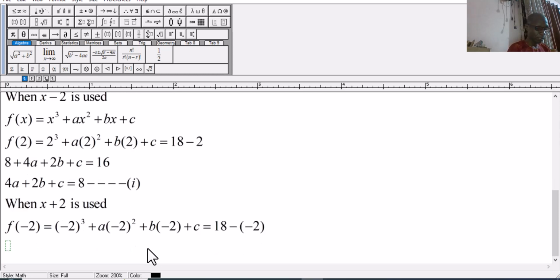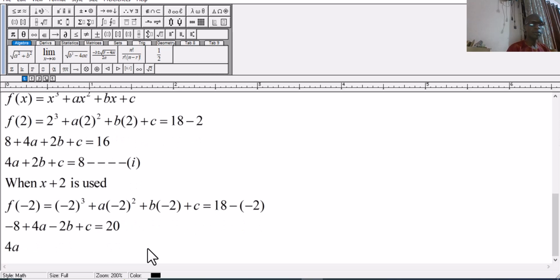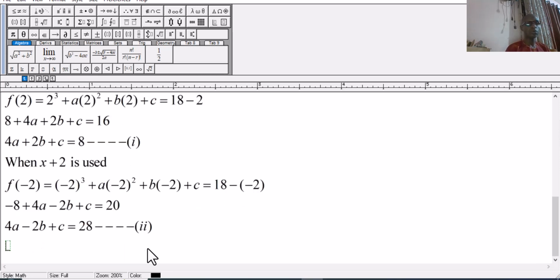So we now have minus 8 plus 4a minus 2b plus c equals 20. So we have 4a minus 2b plus c equals 28. So let's term this equation 2.